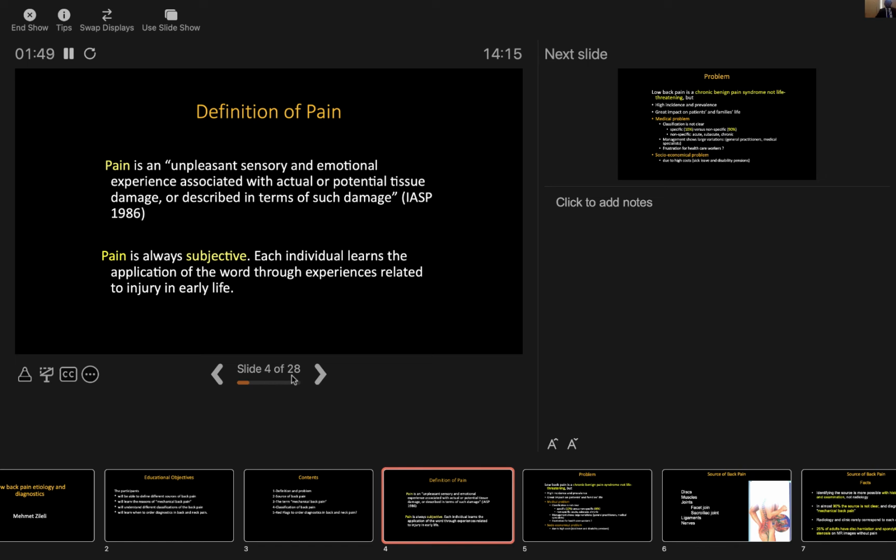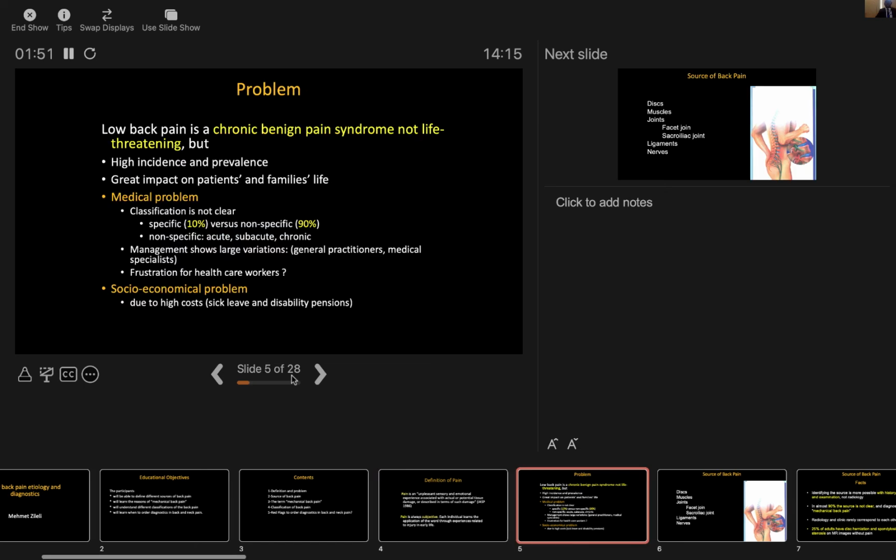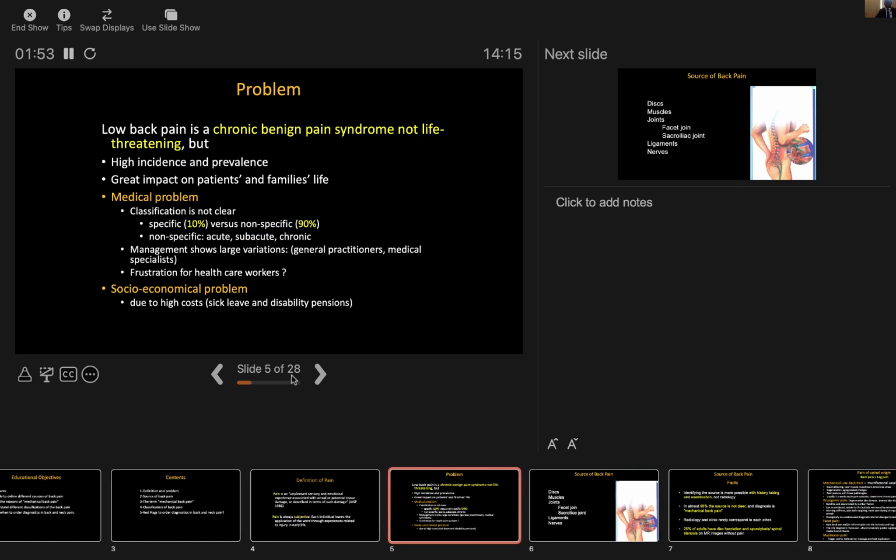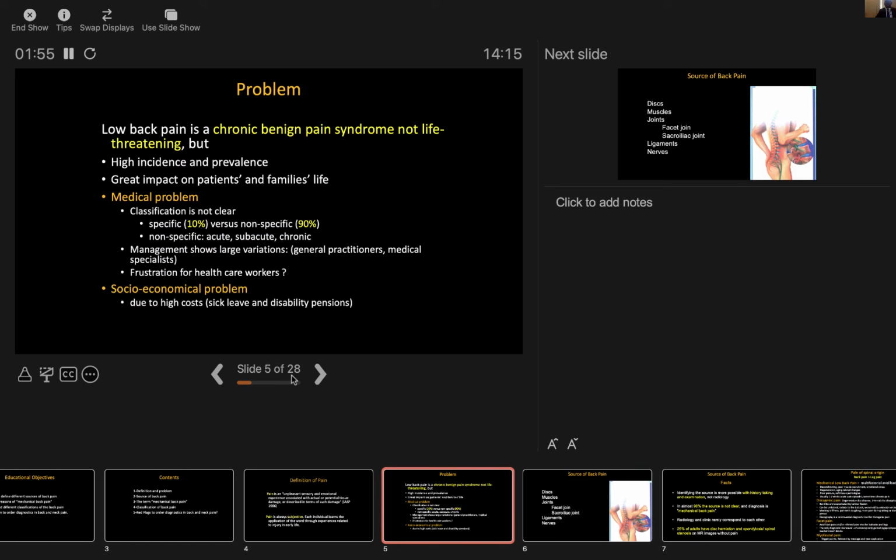Everyone uses other meanings of the pain. The problem is low back pain is a chronic, benign pain syndrome. It is not life-threatening, but there is high incidence and prevalence, and it has great impact on patients' and families' life.